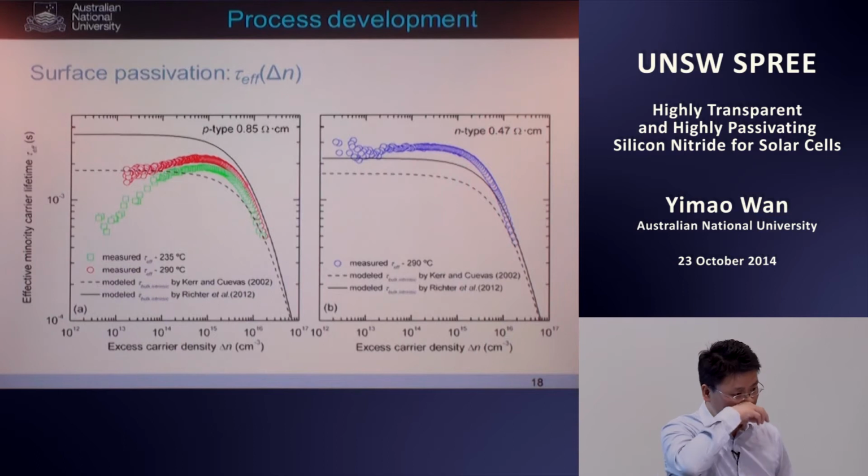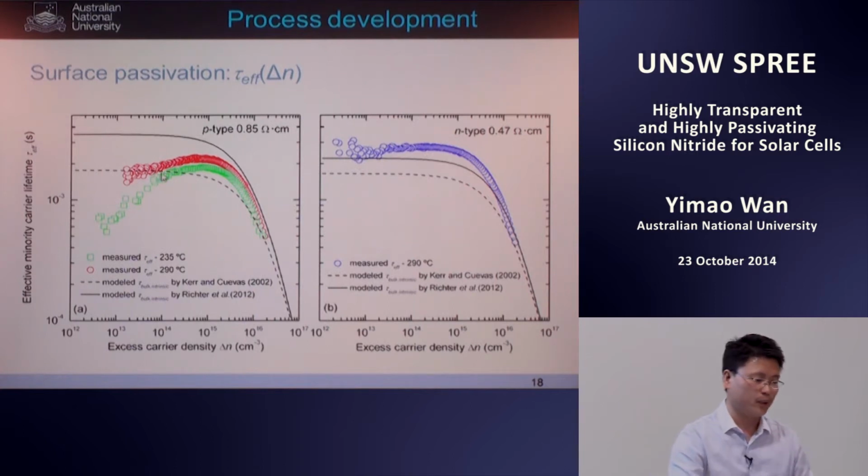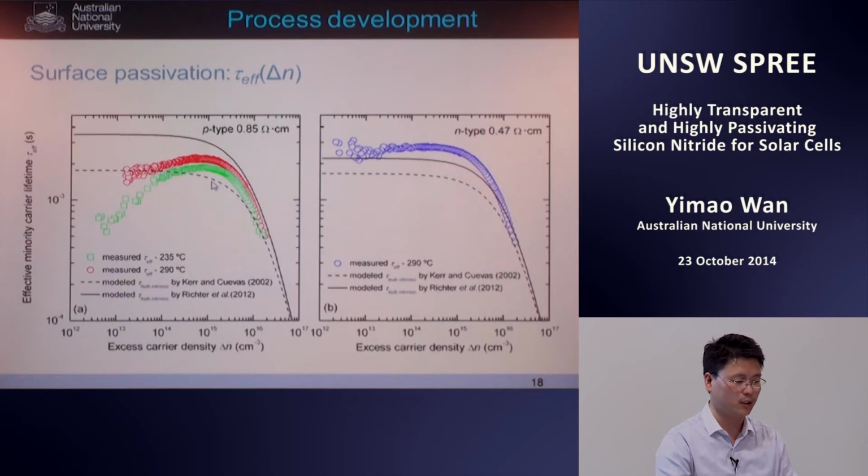So let's look into more details about the passivation quality of the optimum film. The lifetime is plotted against the excess carrier density, or injection level, on both p-type and n-type. And the two intrinsic limit models are plotted here as a reference. One is quite an old one, from Kerr and Cuevas, and another is more recent, 2012, by Richter.